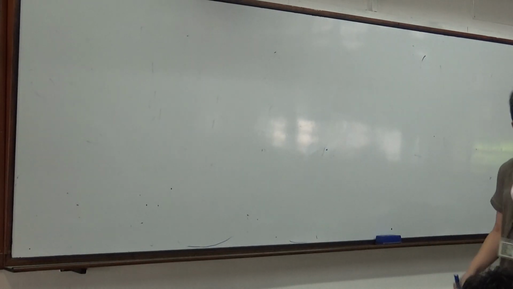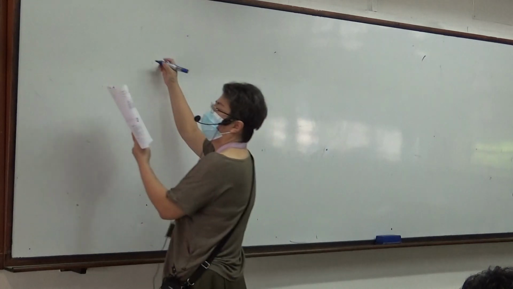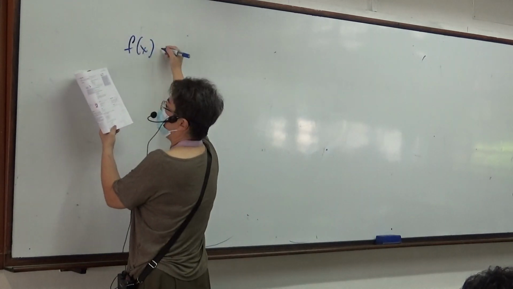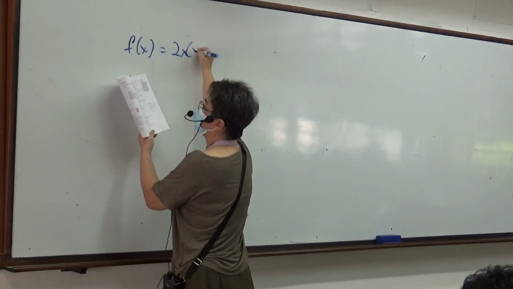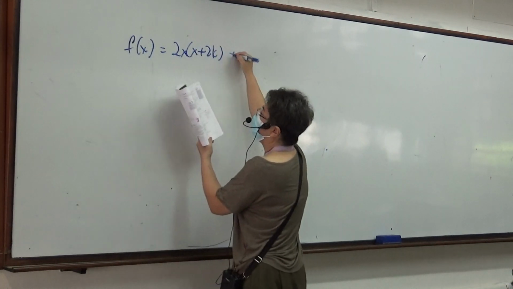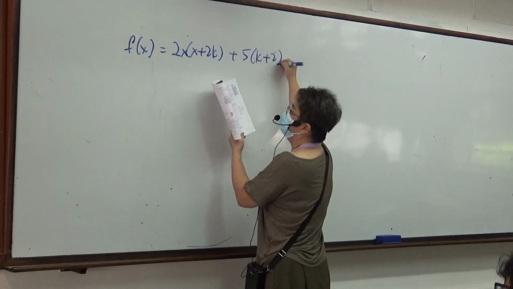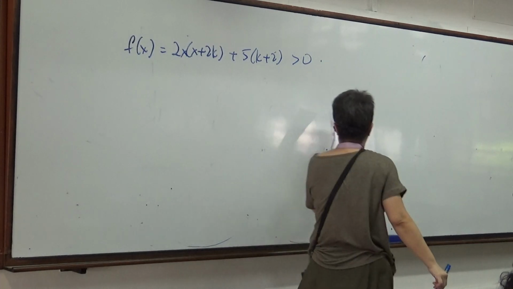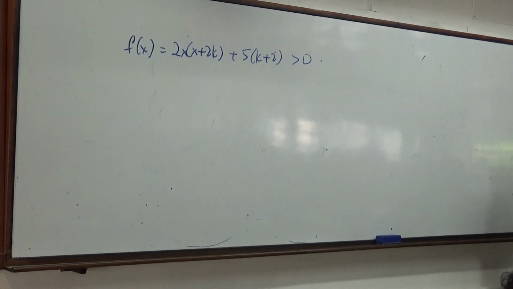Find the range of values of k for which f(x) equals 2x plus 2k plus 5k plus 2 is bigger than 0 for all values of x. Find the range of values of what? Of k. Now we must understand the question.